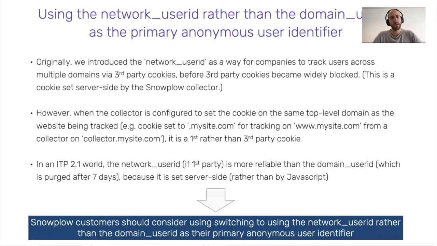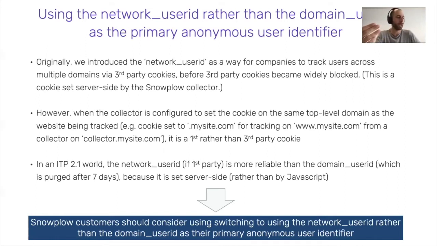Snowplow has always had 2 identifiers for users that are available in a web environment: the domain user ID, which is set directly by the JavaScript, and the network user ID, which is set by the collector. When we introduced the network user ID, it was years and years ago. The idea was that it was a third-party cookie that companies could use to track users across multiple different domains.